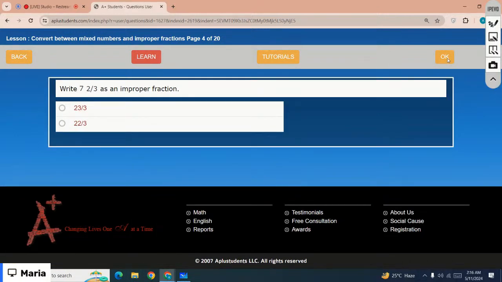Okay, write 7 whole 2 by 3 as an improper fraction. Which is the correct option?